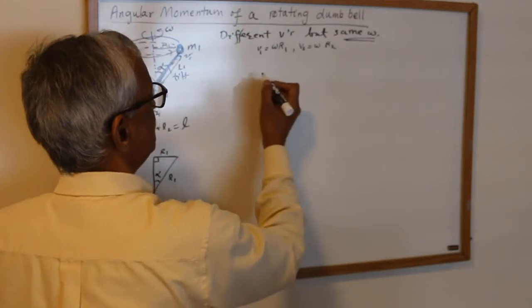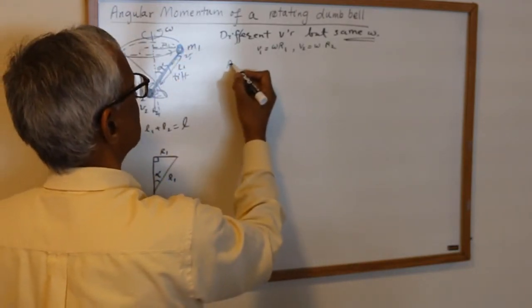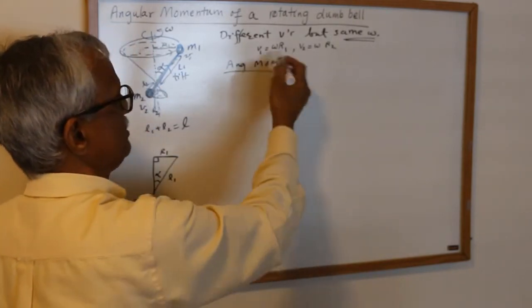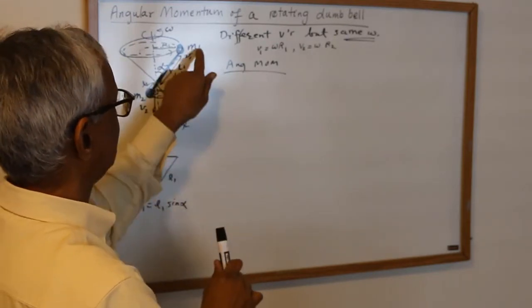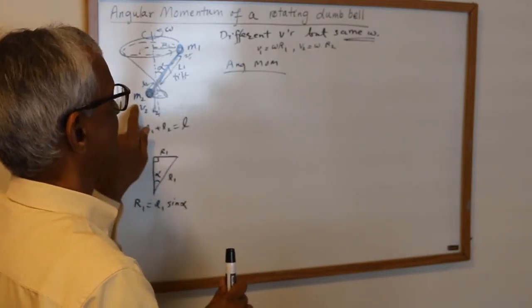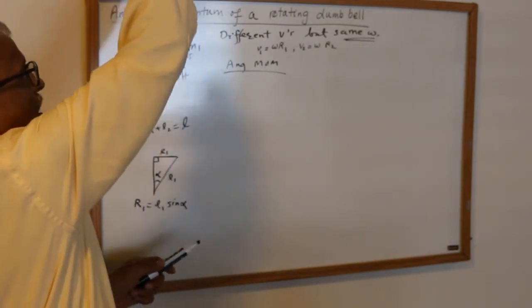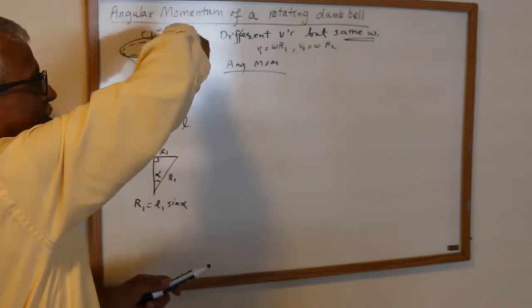All right. So the angular momentum calculations will go very similarly. We would have the angular momentum of this guy plus the angular momentum of this guy. Well, the angular momentum of this guy, if I look from the top, is going counterclockwise. If I look from the top, this is also going counterclockwise.